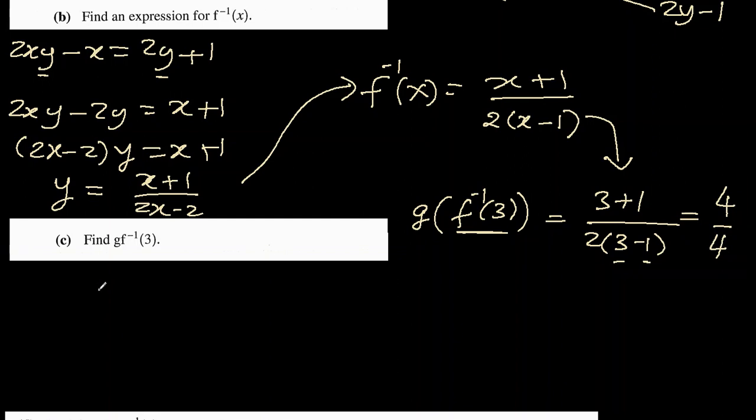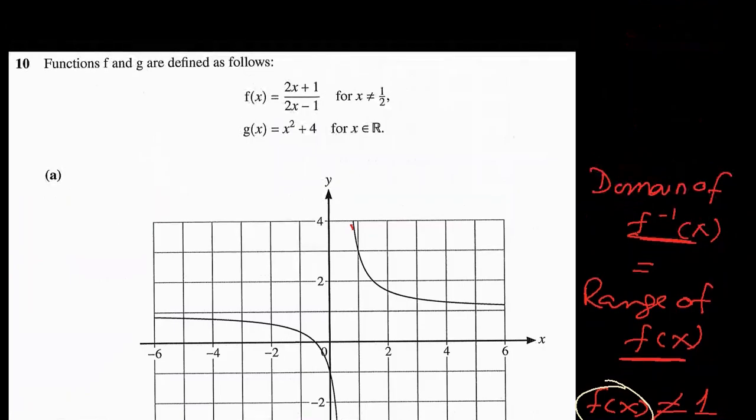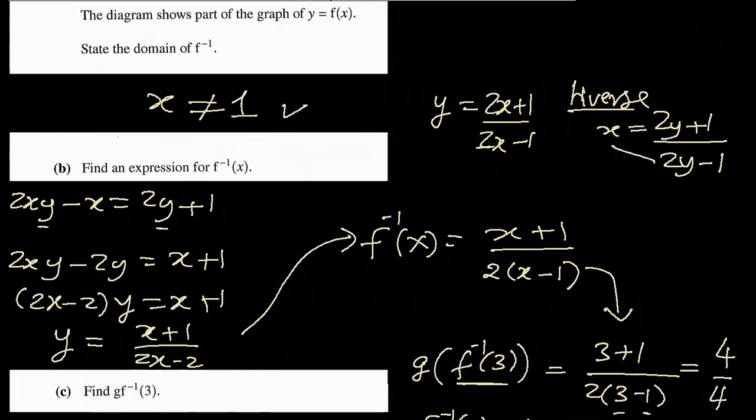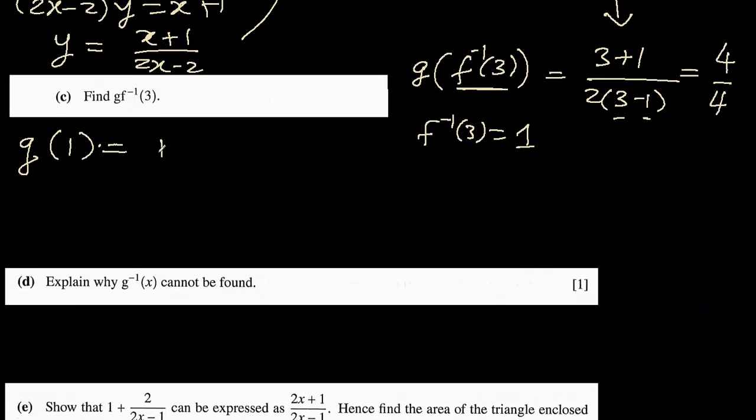So f inverse 3 is equal to 4 over 4, 1. Now, we have to substitute this into g. That will make it g f inverse 3. So g of 1, because f inverse 3 came out to be 1. And g(x), what was the expression for g(x)? It was x squared plus 4. So it will become 1 squared plus 4, which is 5.